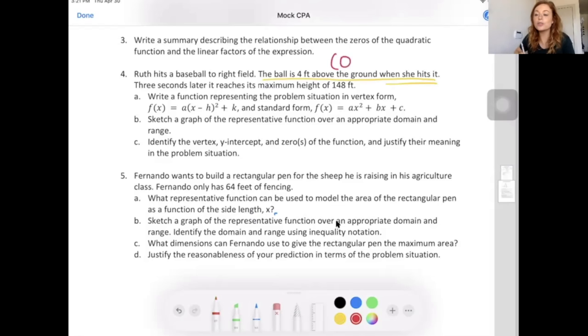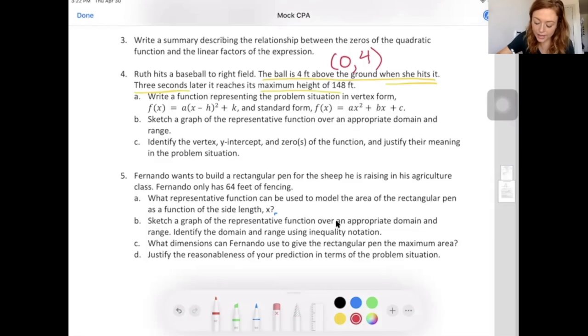And then it says the ball was 4 feet above the ground when she hit it. We're talking about height right now. Remember, time is almost always our x value. So that's our first point. It also gave us more information: 3 seconds later, it hit its maximum height of 148.